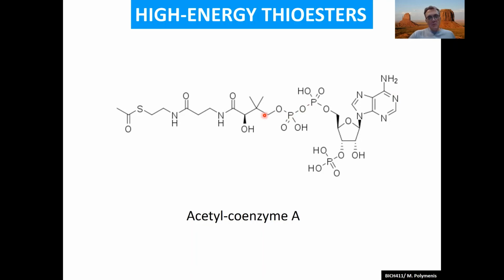But this one has a few more. So the acetyl group is right here at the very end. This sulfur is the business end of the molecule. The acetyl group is attached here. And it's really the key compound that is used to move around carbon units. Okay, acetyl groups.